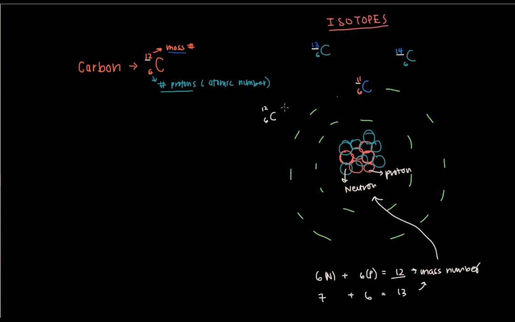So we could say that 12 is pretty stable. 13 is pretty stable, I guess. But this is a pretty rare isotope here. This has 8 neutrons. And because it has so many neutrons in its nucleus, it becomes unstable.